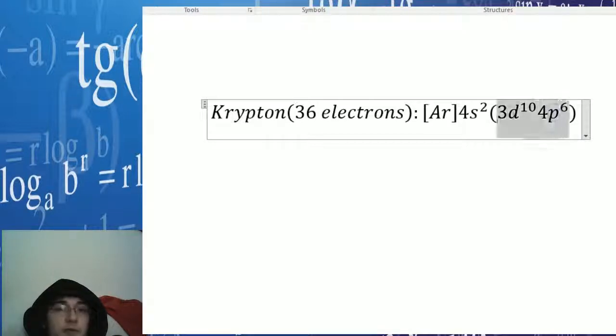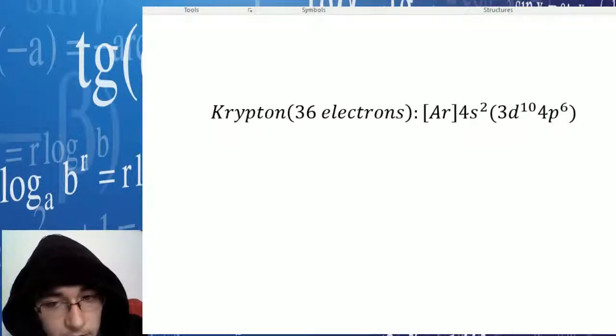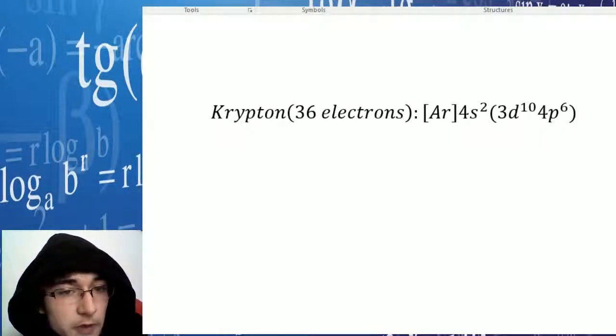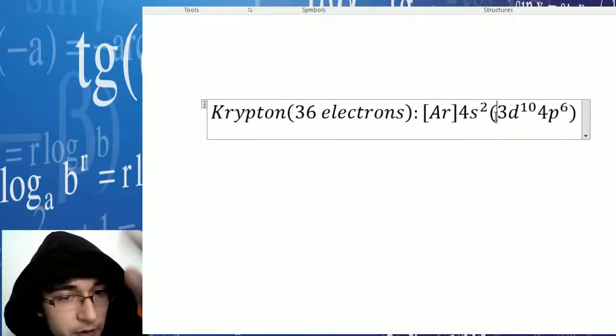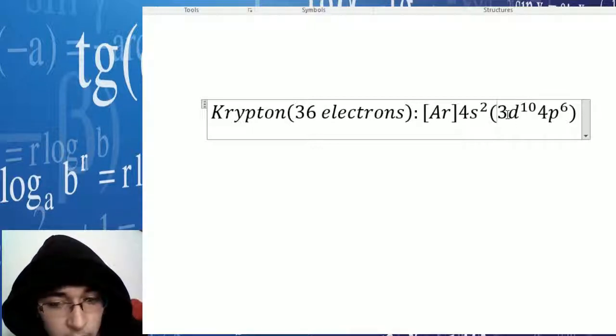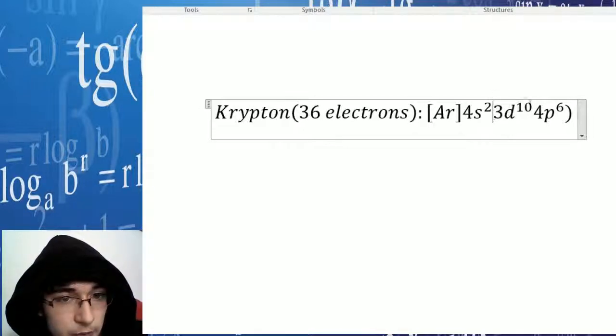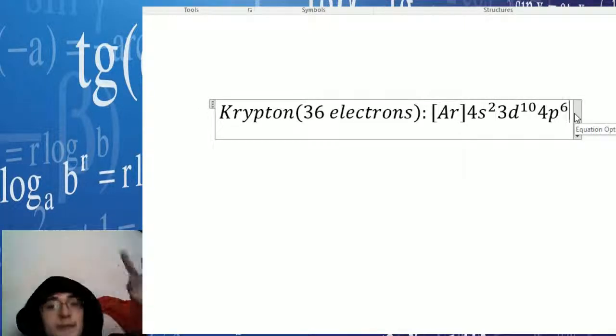So both have the same n plus L. And if you don't have the Klechkowski rule, then you are pretty much screwed because you can't sort out the layers. So what will happen is that you first fill out the n plus L growing, but there is equality here. Then you take the one with the lowest n, so the 3, you put it first.